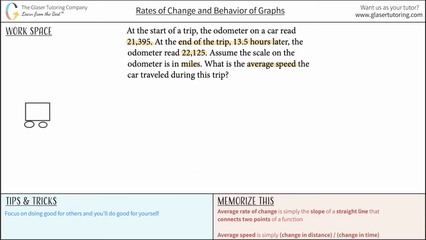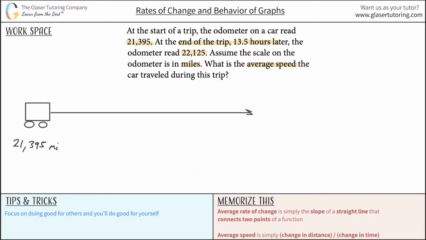So let's say at the start here, the odometer is reading in miles, and your odometer reads that your car has traveled so far up to this point in time 21,395 miles. And you're going to travel some particular distance.